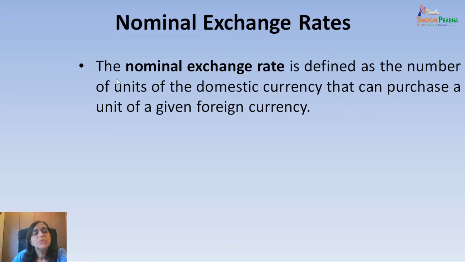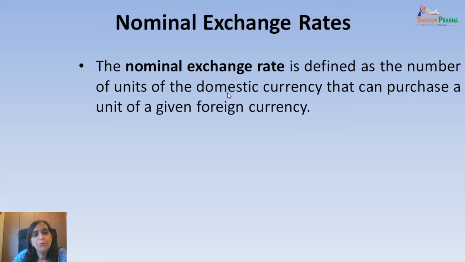Again I say, what is nominal exchange rate? It is defined as the number of units of the domestic currency that can purchase a unit of a given foreign currency. That is, we are talking about currency of two different countries.